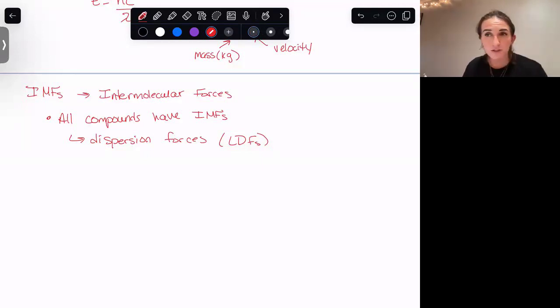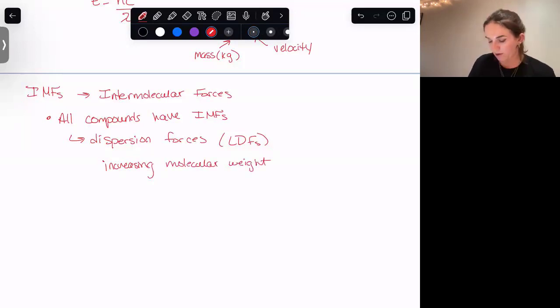How you can improve dispersion forces is by increasing your molecular weight. The more stuff you have, the more electrons you have, the more possibility that they're going to end up on the same side, creating a larger dipole. So that's why we see that F2 is a gas, but I2 is a solid.